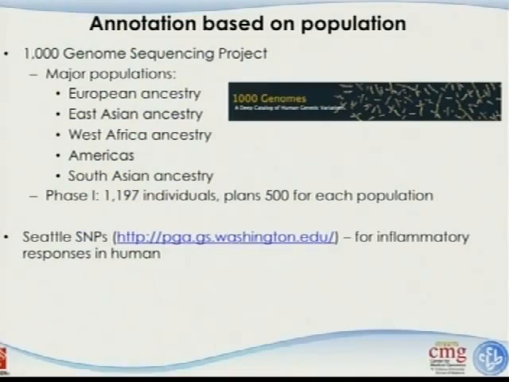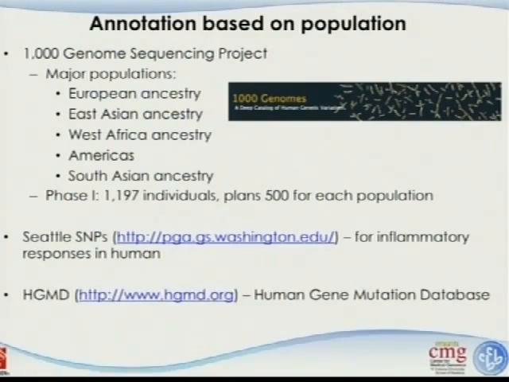And another one will be the Seattle SNPs, and this is only for the inflammatory responses in humans, so that is a very important source as well. And the next one is HGMD, the human gene mutation database. Those do not really help you to rule out anything.